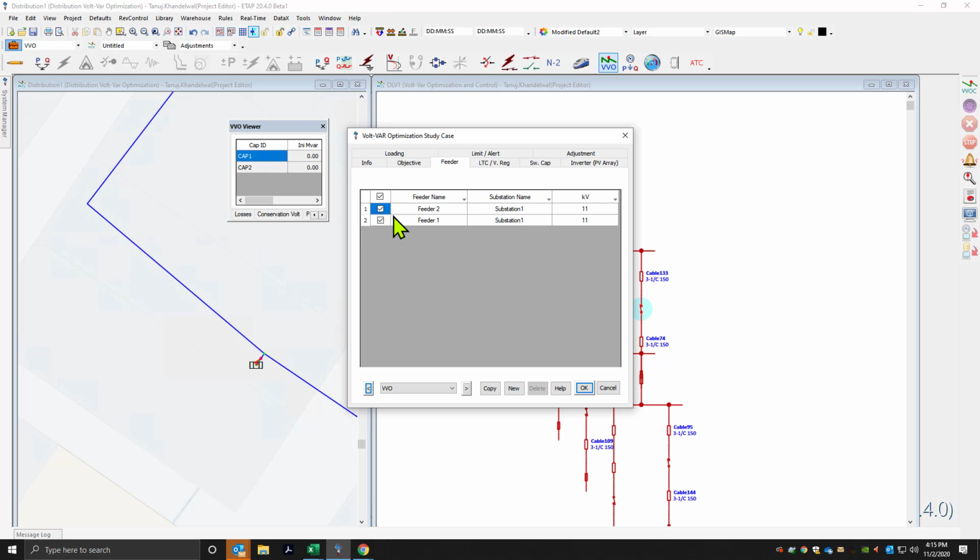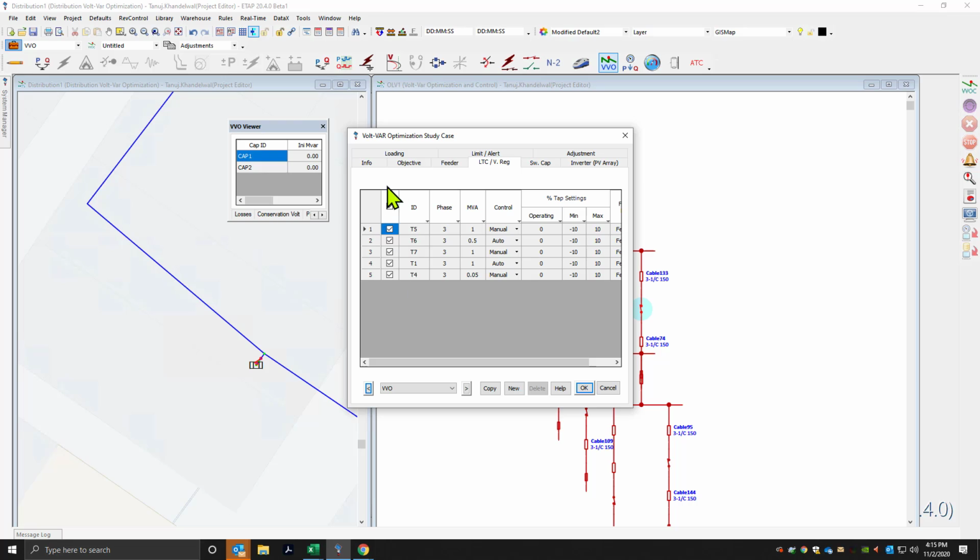When we say we can optimize the entire system, that includes the transmission, subtransmission, secondary, as well as load distribution levels. You can also include the load tap changers that can be automatically controlled, or the ones that are on manual control can be neglected or ignored. The switch capacitor banks can again be automatically or manually controlled in the system.